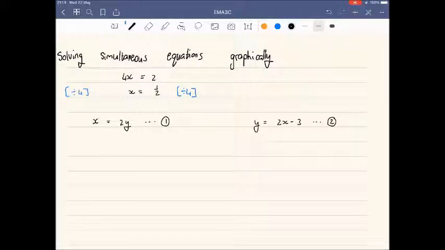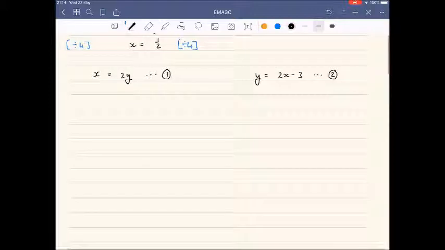What does that mean? Solving this graphically is when we find what these equations look like on a graph, we plot them on the graph, and we see where they intersect. So what that means is we see where these two equations are equal to each other on the graph. And at that point where they're equal, that's the solution to this set of equations.